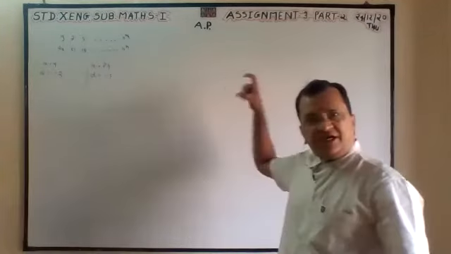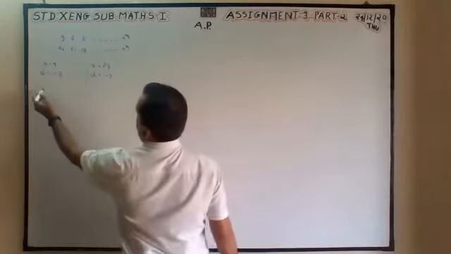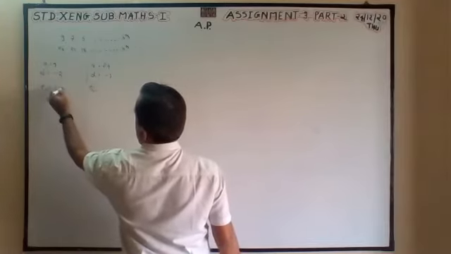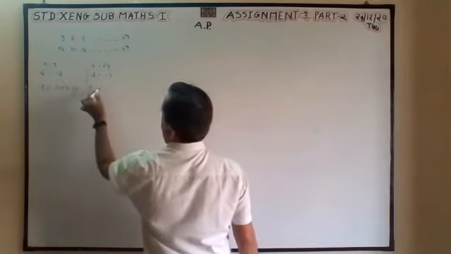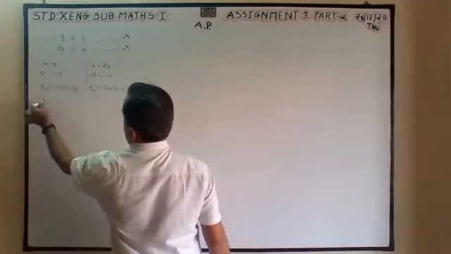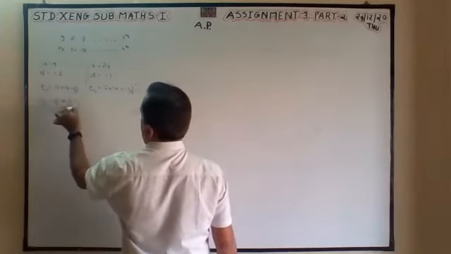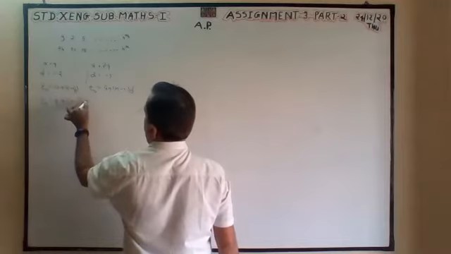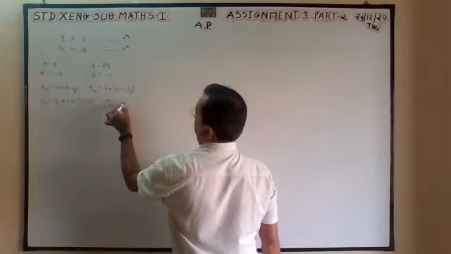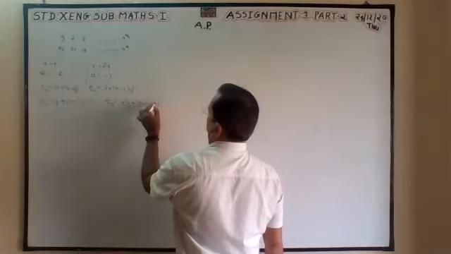Tn is a plus n minus 1 d. So Tn is 9 plus n minus 1 times minus 2, and Tn is 24 plus n minus 1 times minus 3.